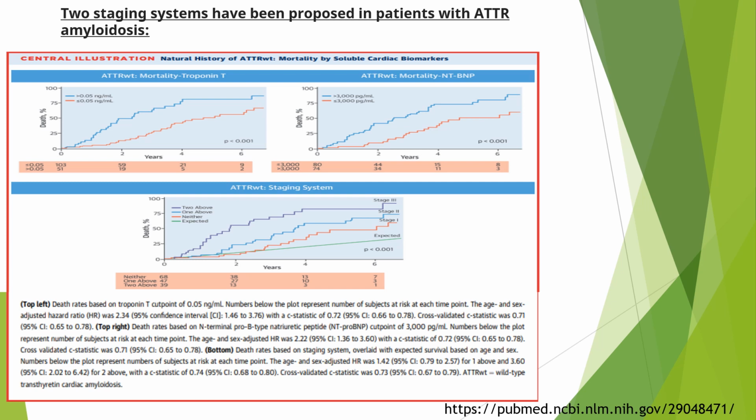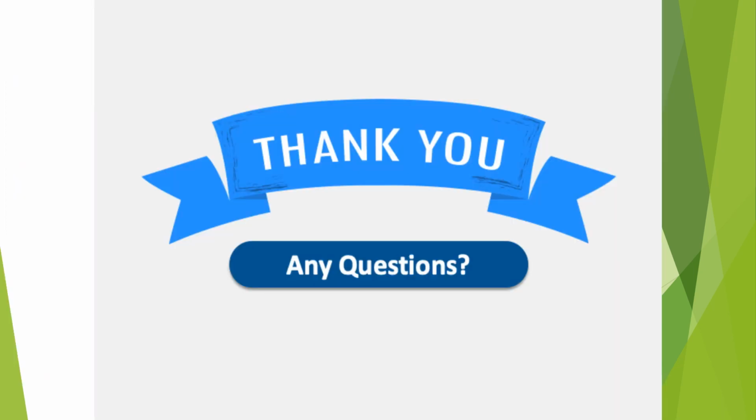As I've told you before, these staging systems are linked with the cardiac troponin T levels and the BNP levels. If it's stage 3, the mortality is increased, followed by stage 2 and stage 1, and the mortality rate decreases as the stage decreases. So that's about it.